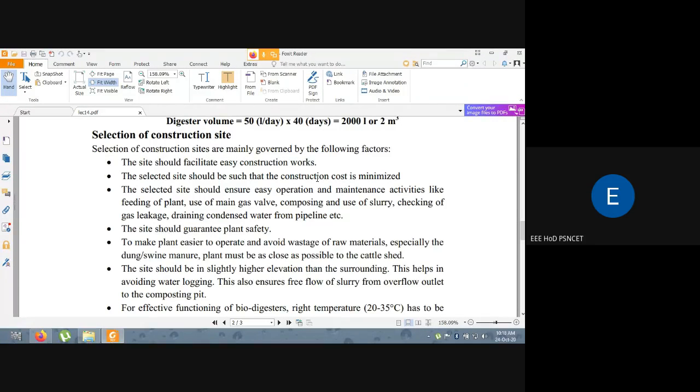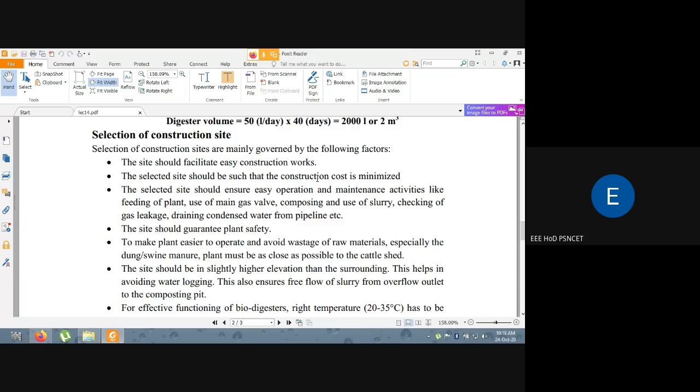It will take a long time and a huge amount to construct the plant. Sometimes it needs huge equipment to dig the tanks. So while planning itself, we should be aware of the land. What will be underground? Is there any rock? We should do a case study about that place.